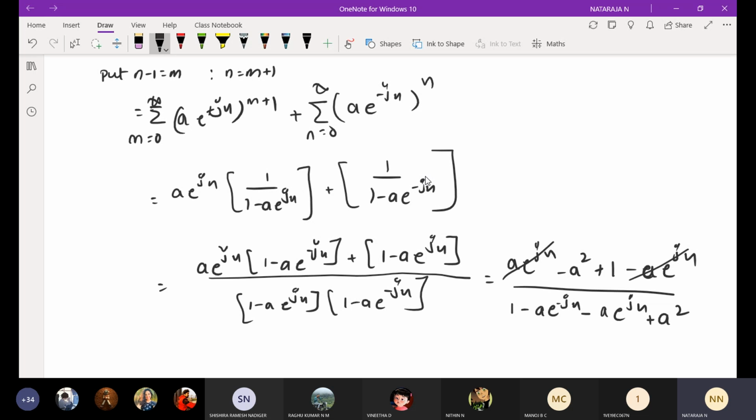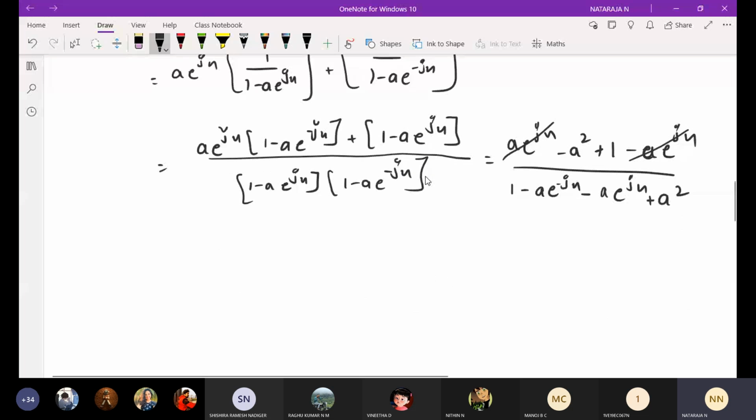Then the denominator will be the same. You get 1 minus a square divided by 1 minus a e power minus j omega.